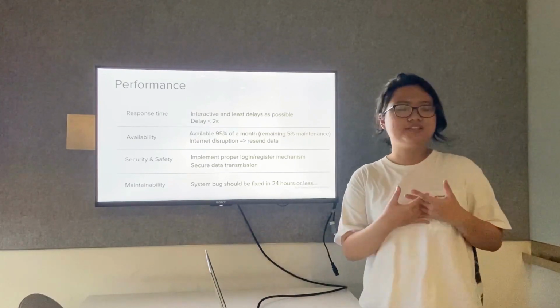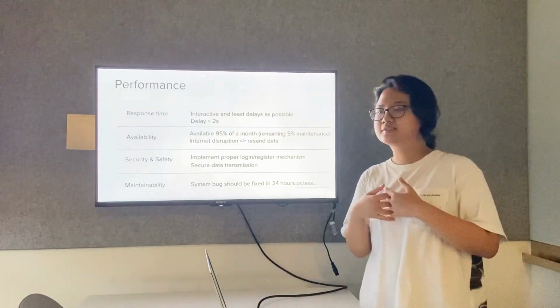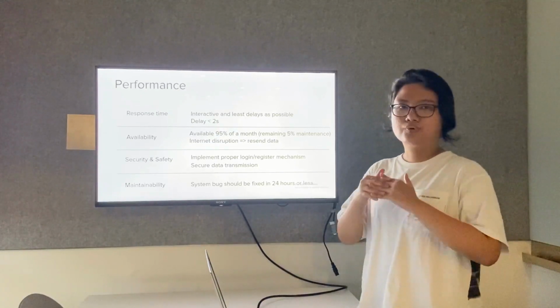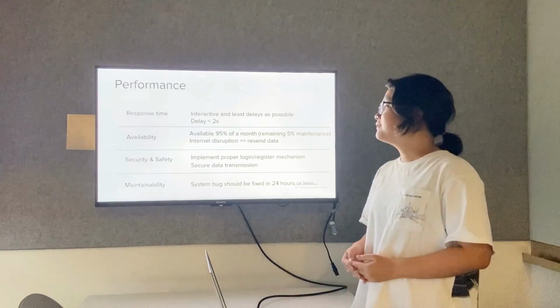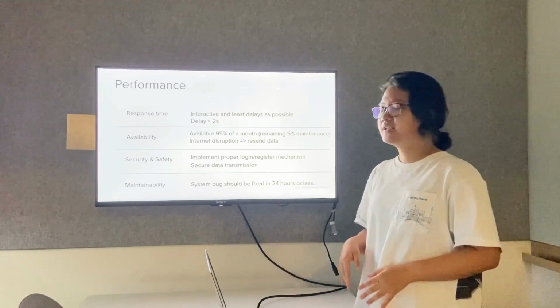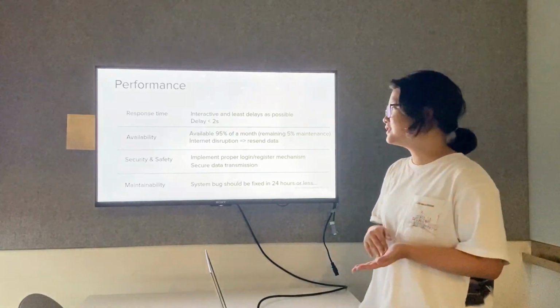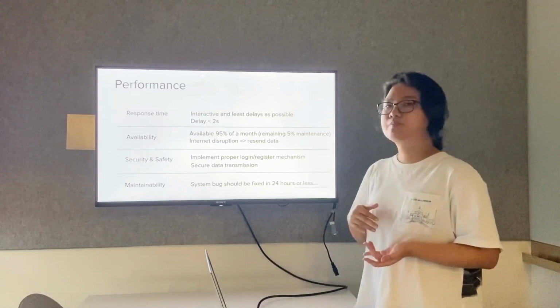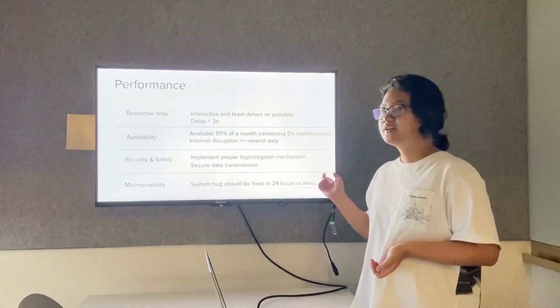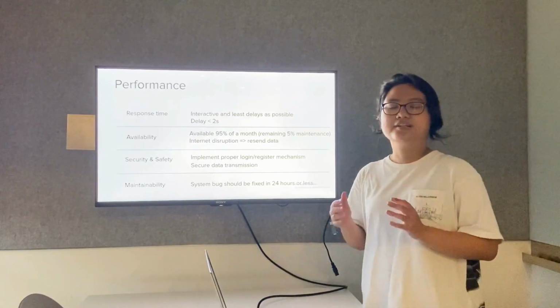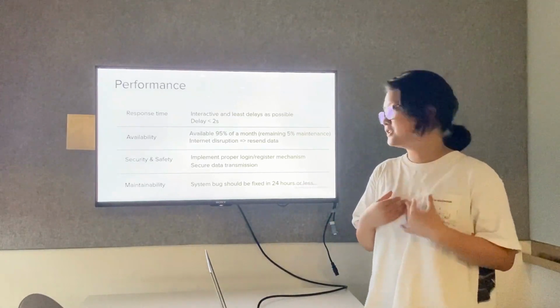And if there is an internet disruption from the user side or server side, then the server should resend the data for verification. For security, because hacking into accounts is a very serious security concern, the system should implement proper login and register mechanisms and use strict identity validation.